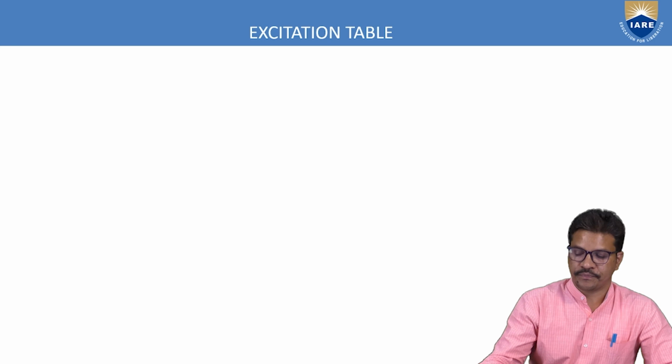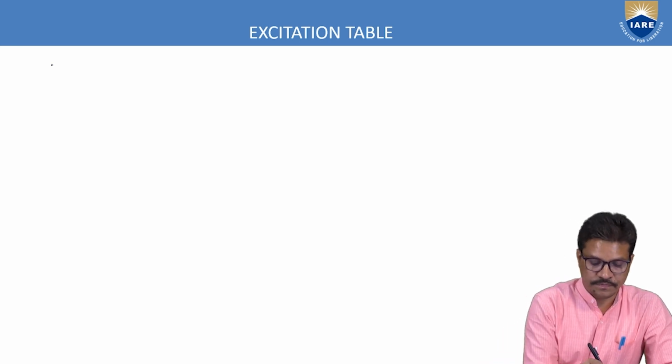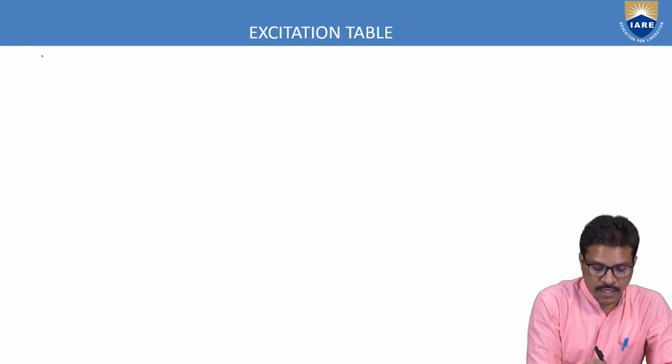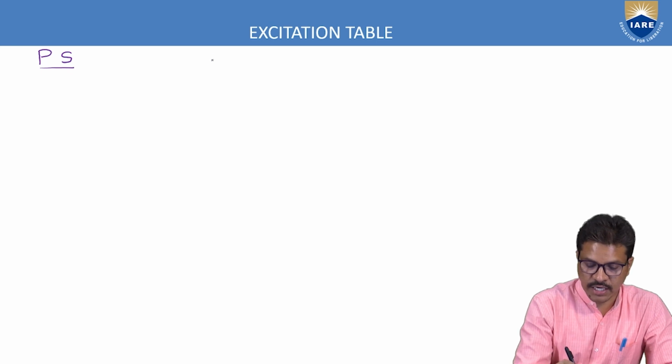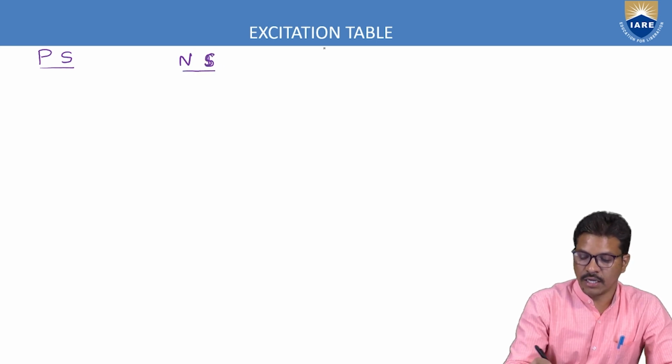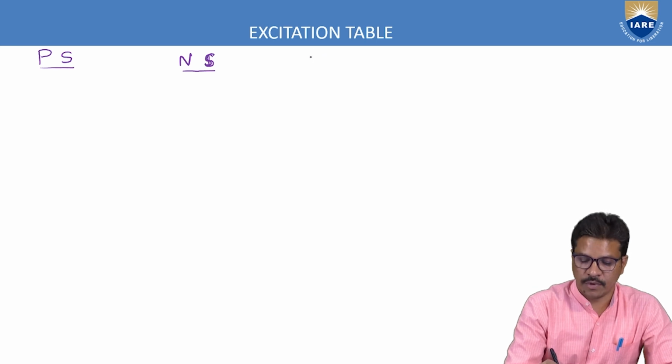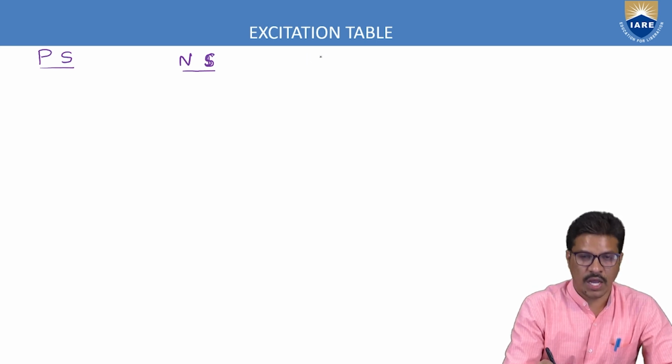In this excitation table, we create the present state, next state, and D inputs, the D flip flop inputs. We have to design the circuit diagram with the help of D flip flops. So D inputs.